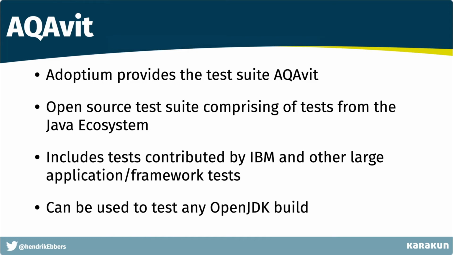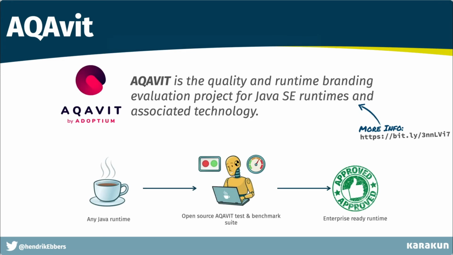The AQAvit test suite was initially developed by IBM and then contributed to AdoptOpenJDK and is now part of Adoptium. And this is a structure, a test suite, and a list of tests that can be executed to check that an OpenJDK-based build is enterprise ready. Yeah, is there a question?